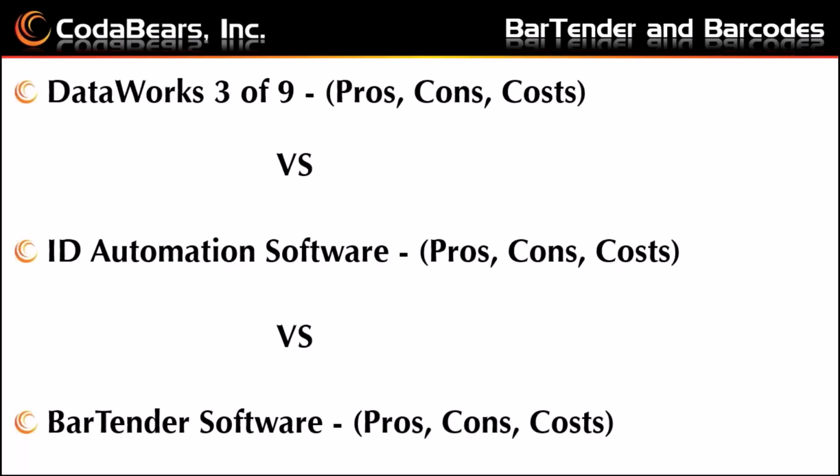SSRS reports were not available until Epicor version 9, or they had limited availability in earlier versions, because they were at least available in 8, but limitedly. And ID automation is a software package that includes several different fonts, which can also be used with SSRS reports.